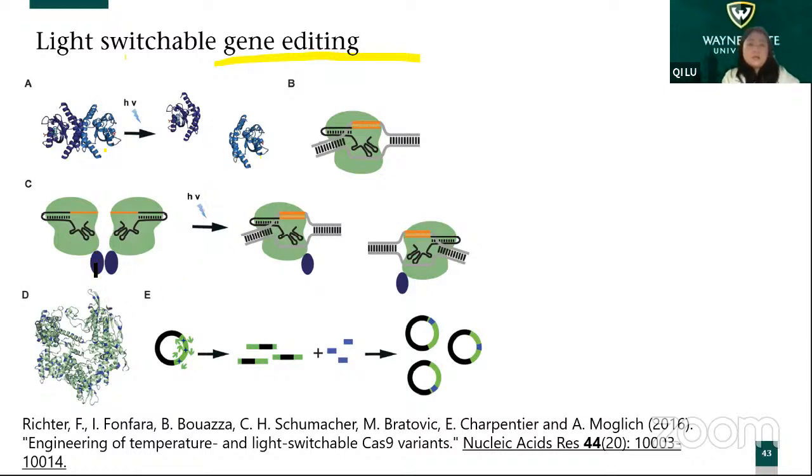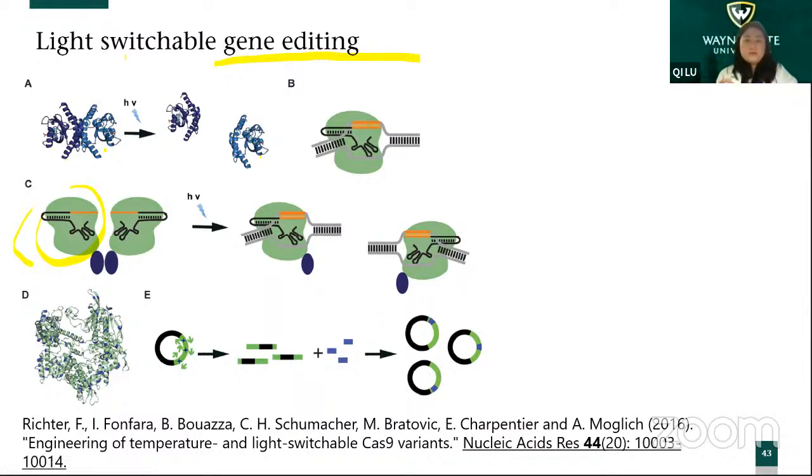In the dark, these two bind together naturally, and the Cas9 complex will not form and cannot interact with the DNA. But after shining the light, these two become separate and they can bind to the DNA and start the gene editing.